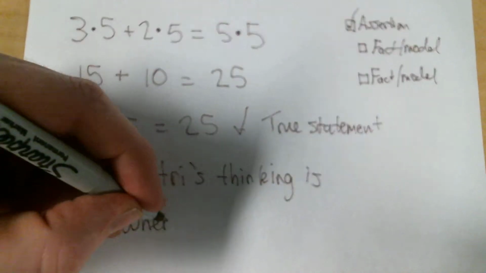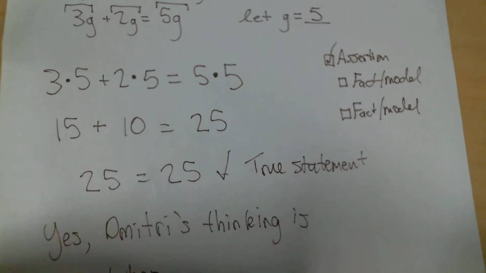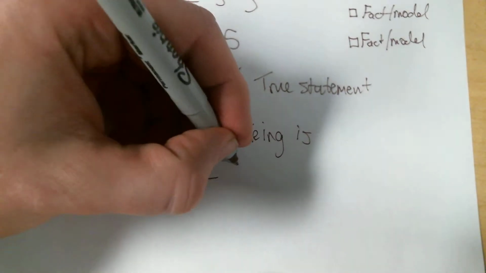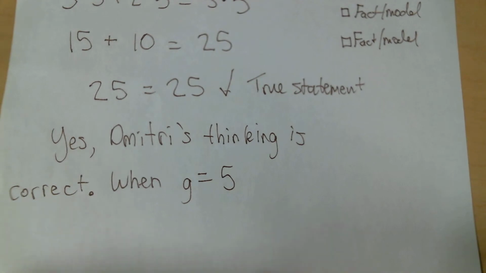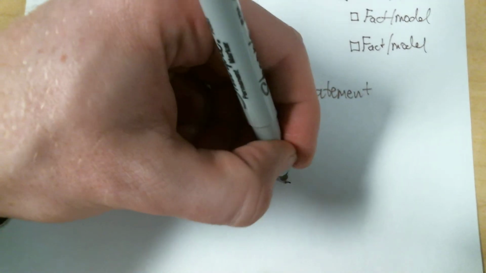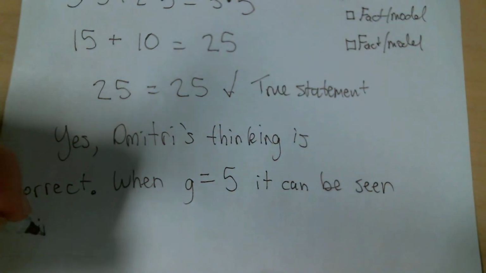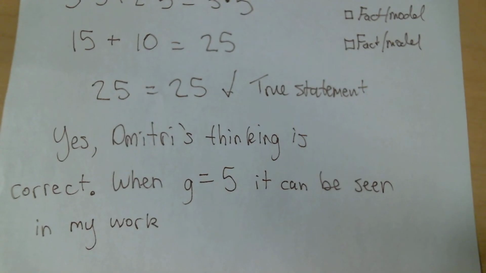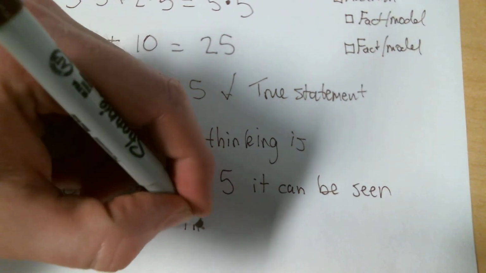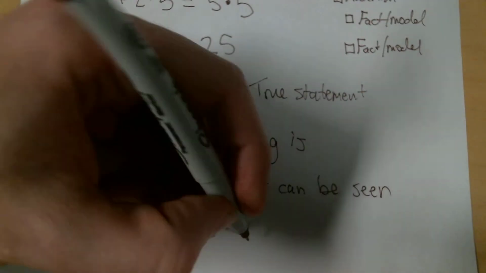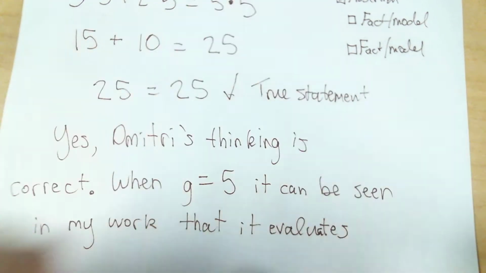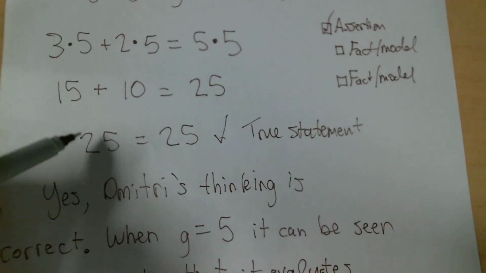Then I might say why that is, right? And talk about this stuff. When g is, what did I say g was? I said g was 5. When g is 5, it can be seen in my work, you might say equation, it can be seen in my work that it evaluates, math vocab, that means it comes down to, it equals, right?